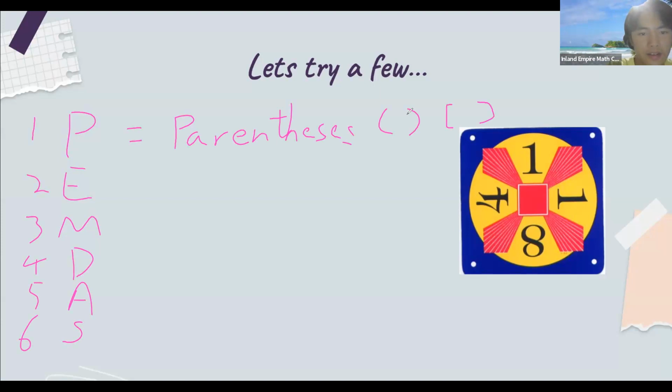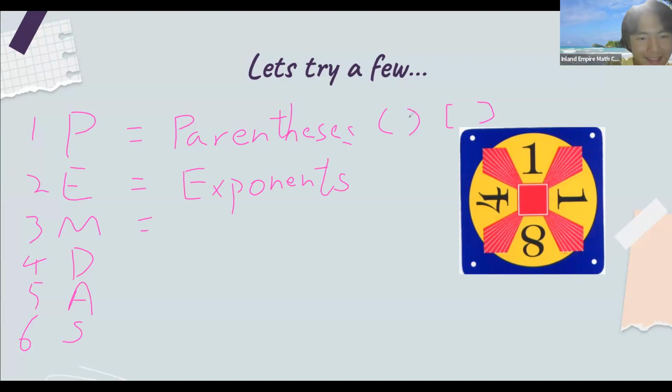These always go first. The E stands for exponents. We're actually going to talk about exponents very soon, but exponents always go second. And then third, you've got multiplication.